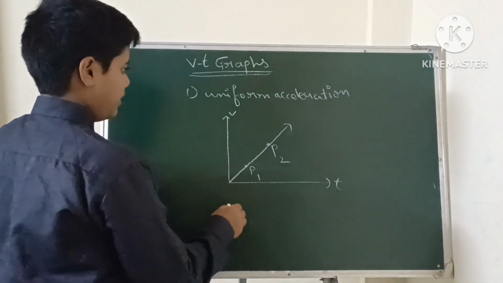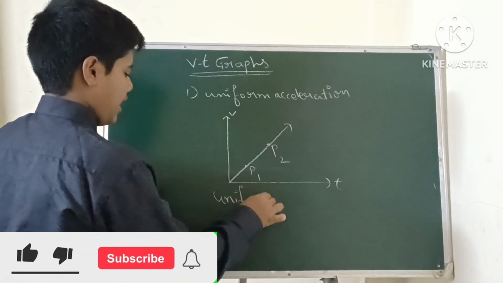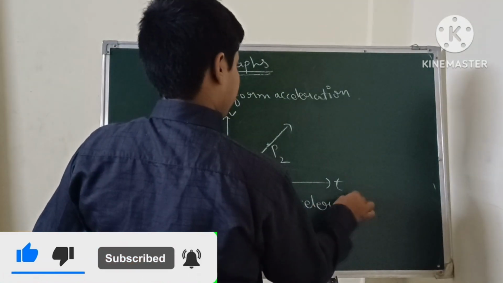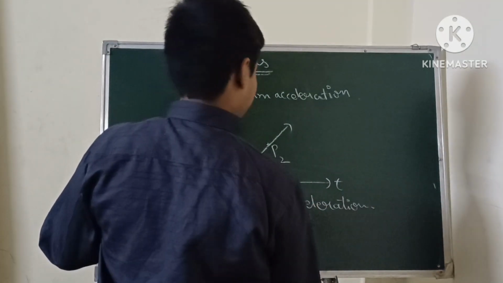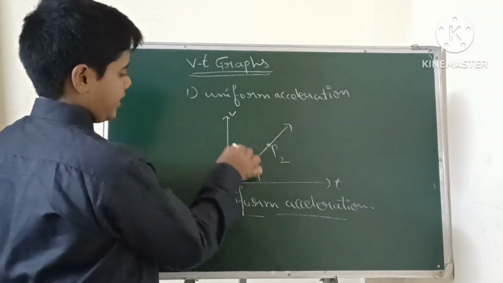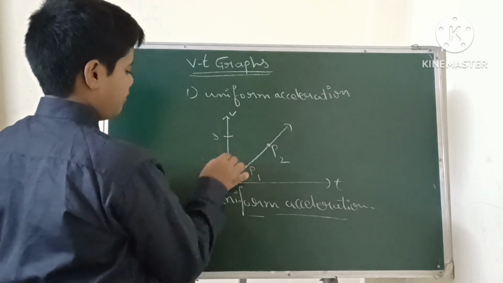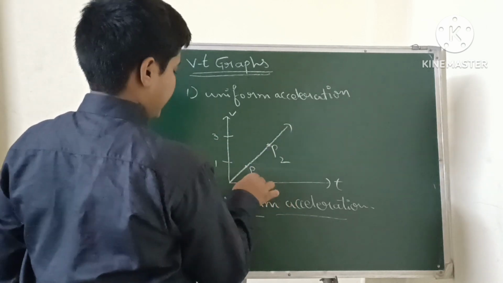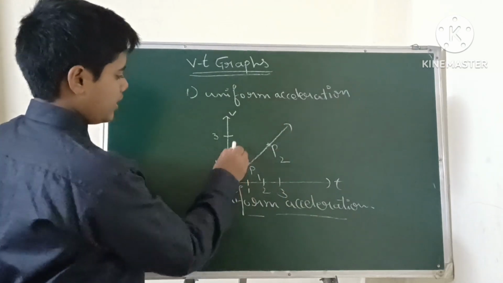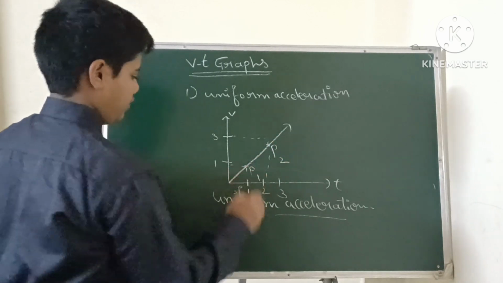So we can say this is uniform acceleration. Here I am taking 3 and 1 on the y-axis, and 1, 2 and 3 on the x-axis.